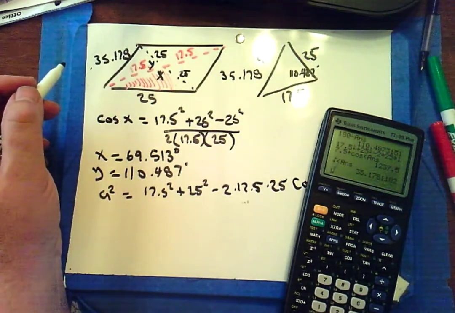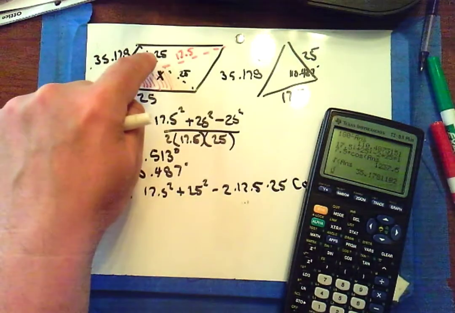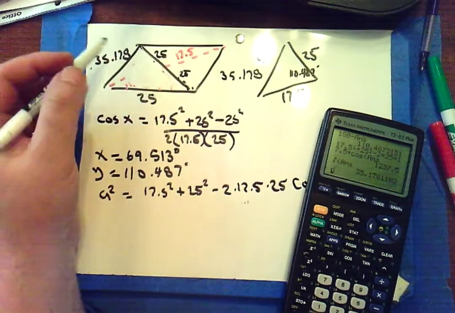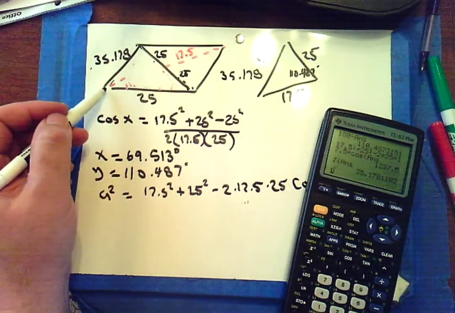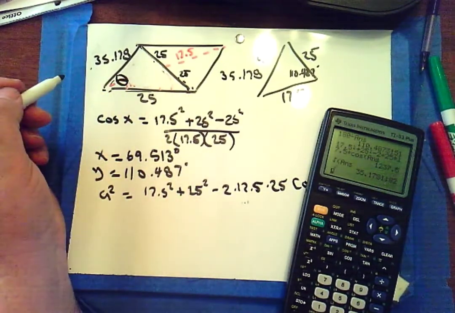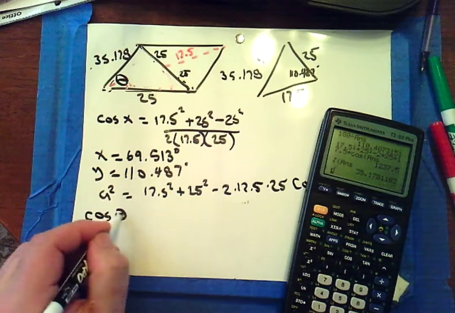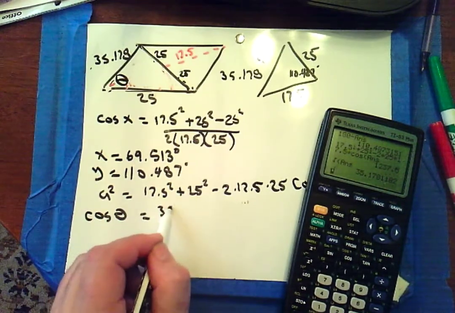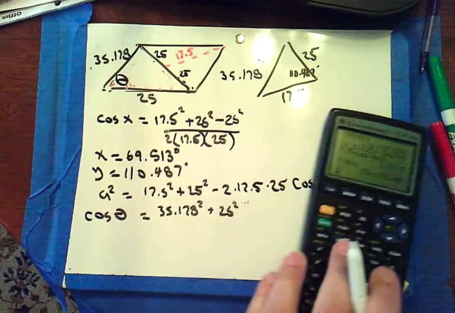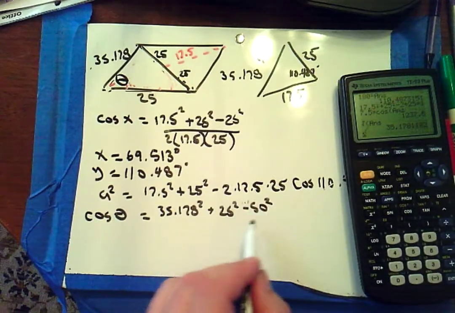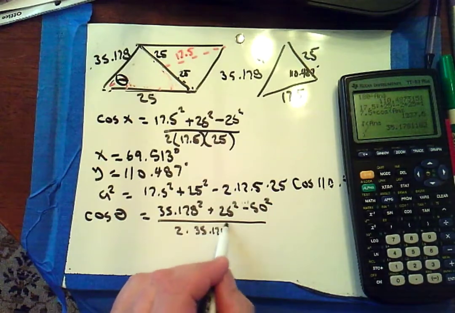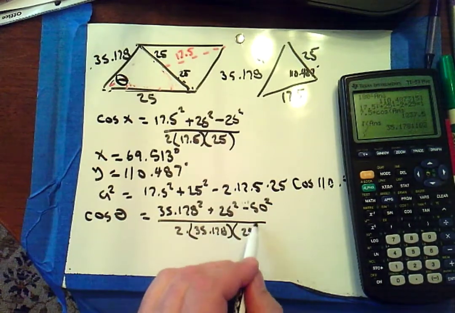Okay, well, what do we still need to find? We need to find theta and phi. Well, I see here this triangle, and I know this side is 50, and this one is 35.178, and this one is 25, and there's my theta. So cosine of theta will be 35.178 squared plus 25 squared minus 50 squared over 2 times 35.178 times 25.